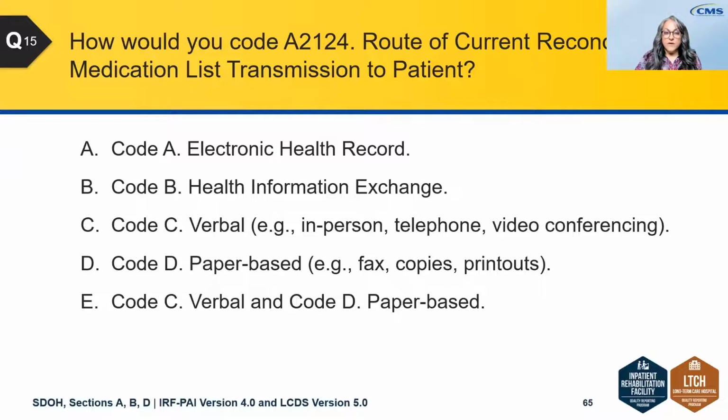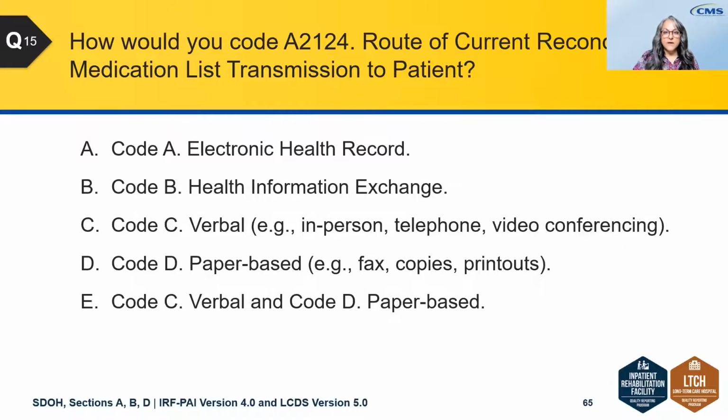Based on the scenario, again, how would you code? Would you choose A, code A, electronic health record, B, code B, health information exchange, C, code C, verbal, D, code D, paper-based, or E, code C, verbal, and code D, paper-based?